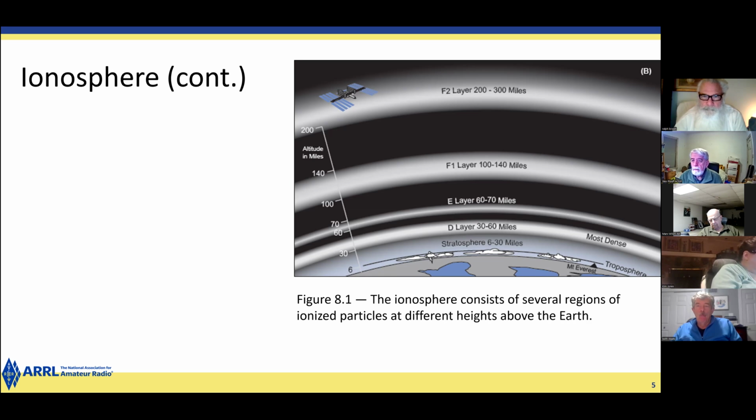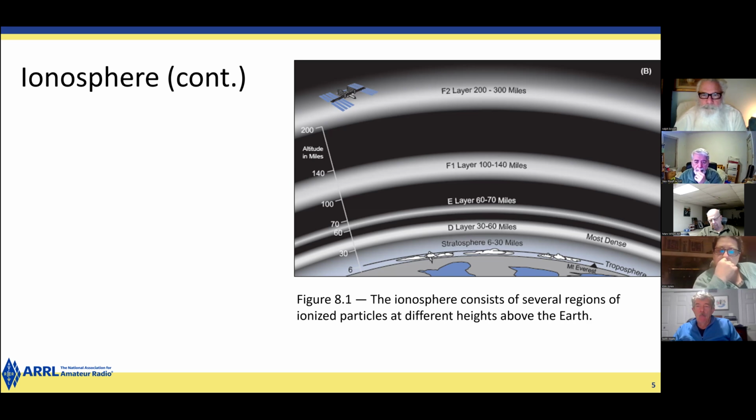Now, the D and E layers, the ionization goes away after the sun sets because the particles aren't being excited by ultraviolet radiation. The F layer remains ionized 24 hours a day.